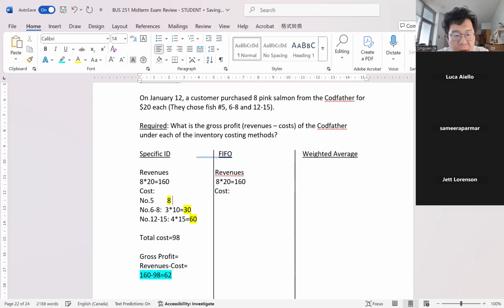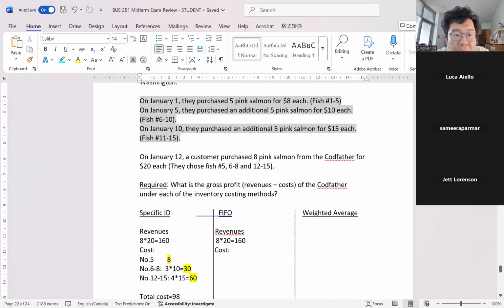Because it's first in, first out, under the FIFO method, we sell 8 salmon. For the first 1 to 5, they purchased 5 salmon for $8 each. So the cost will be 5 times 8 equals 40.